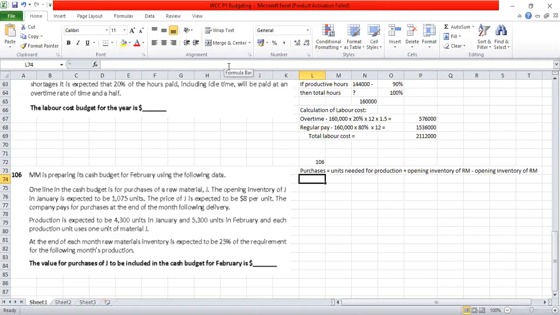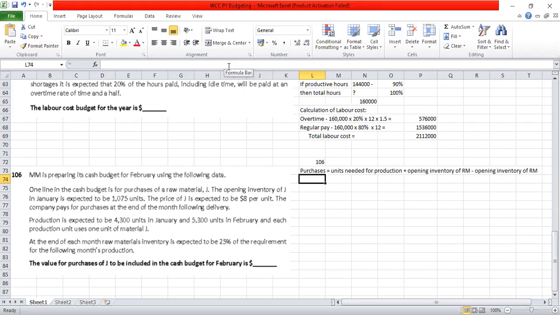We want to know the value of purchases of J to be included in the cash budget. So what is the value of purchases in the month of February? For February, we need to know the raw material units needed for production. February production is 5,300 into the number of units of material per unit.